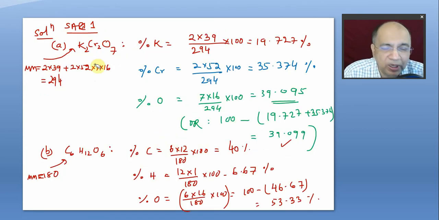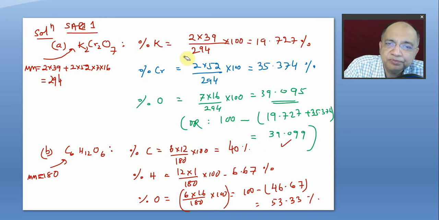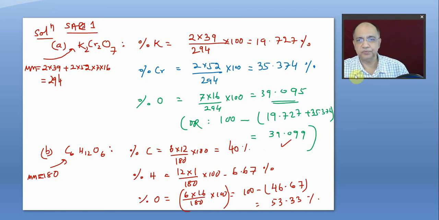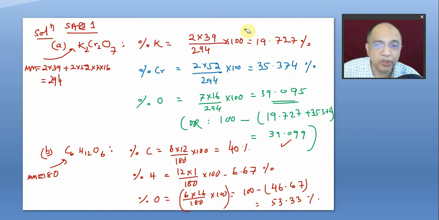So let's do the first one, potassium dichromate. Potassium percent is, there are two, the molecular mass is 294. And in 294 gram, the amount of potassium present is 2 into 39, that is 78.